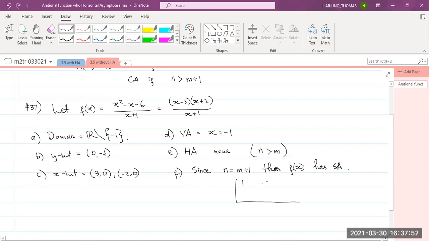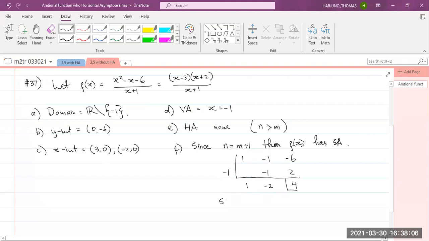So 1, -1, -6 divided by x plus 1. Now the quotient is your slant asymptote, y equals x minus 2.